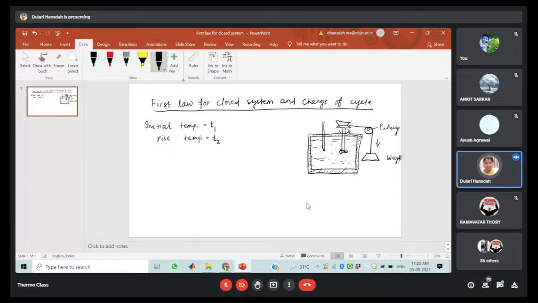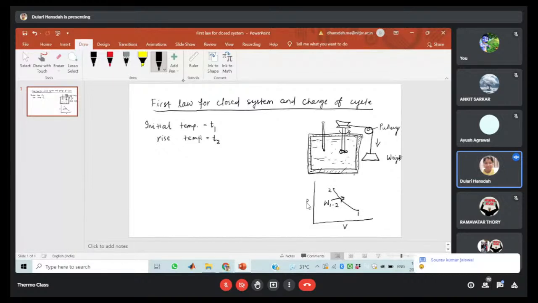If you draw the PV plot, there will be initially work transfer, that is W12, because work transfer is there in this case. There is an increase in the temperature. Here I can give the state 1, and this one is the state 2. So there is your work transfer that I can write W1,2.